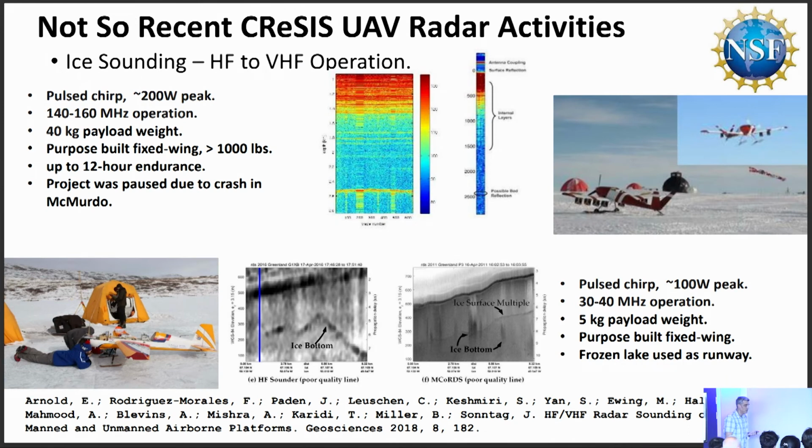Some not so recent activities from CReSIS, which is kind of leading up to some of the lessons learned. Through NSF funding and the CReSIS Center, we started out early on developing this 1,000-pound UAV to go do wonderful things in Greenland. We developed the system, took it out for some flights, and got some preliminary data from Greenland, shown here alongside ground-based measurements from NEEM.